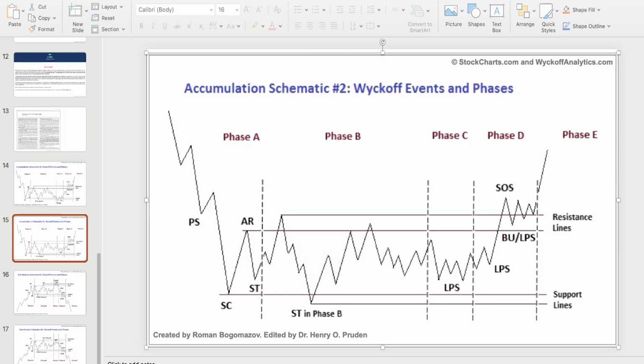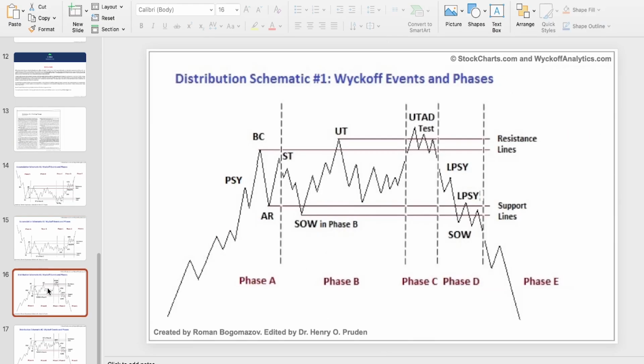Yeah. So if we go into distribution, what happens in distribution? When institutions accumulate, they need to sell, right? So what they do is as price advances, right?